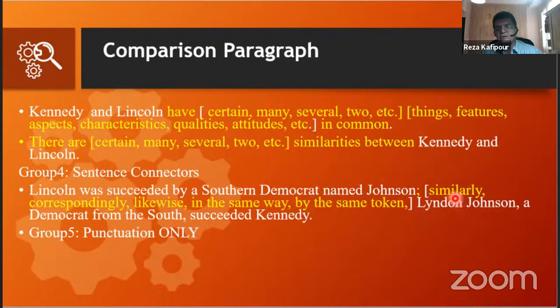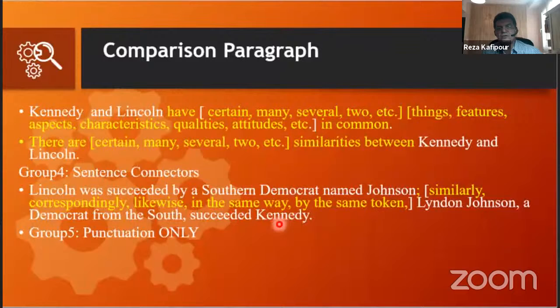So we use a sentence connector. Let's say the first sentence: Lincoln was succeeded by a Southern Democrat named Johnson. In the same manner, similarly, Lyndon Johnson, a Democrat from the South, succeeded Kennedy.